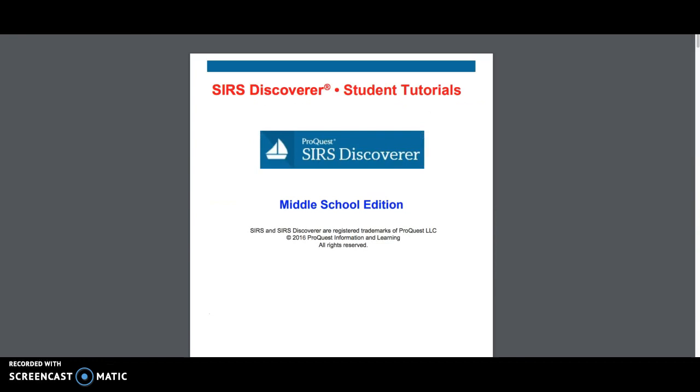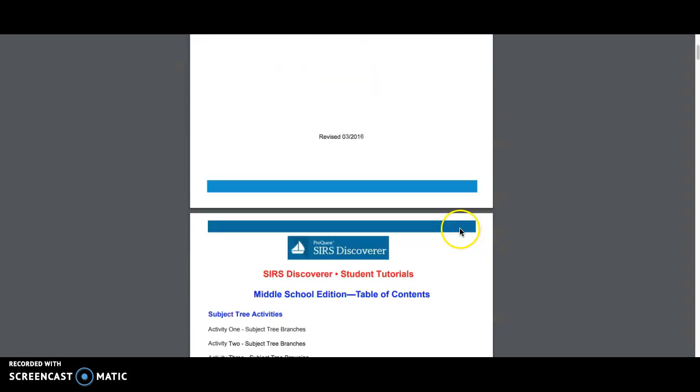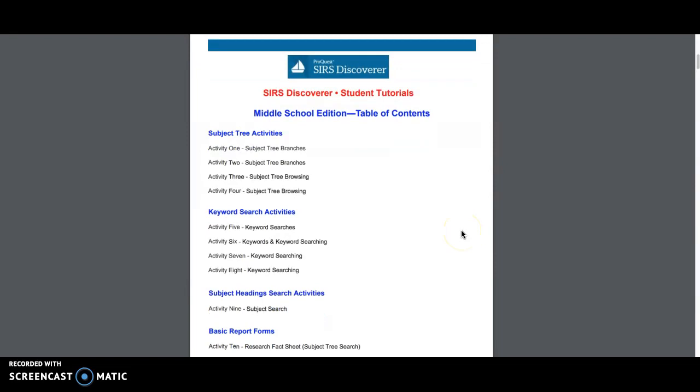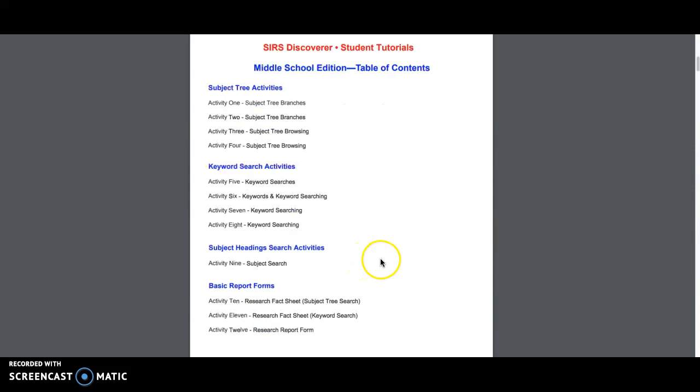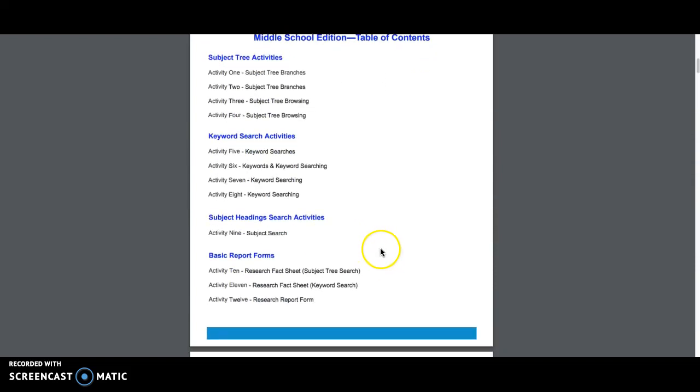The SIRS Discoverer Student Tutorials is a PDF document of student activities surrounding search strategies and the database. There are activities on the subject tree, activities on keyword search and Boolean search, subject heading search, and basic report forms for organization.